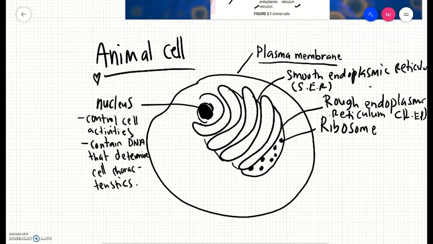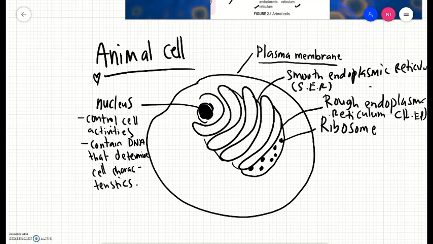So next we are going to draw. Okay, before that, let's look at the function first. The function of this endoplasmic reticulum is to become a transport system, and it provides a wide surface for enzyme attachment and biochemical reactions.